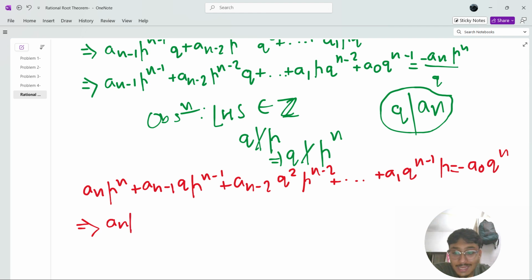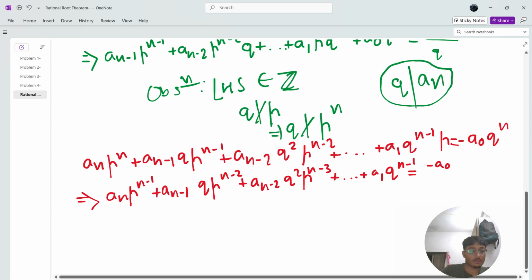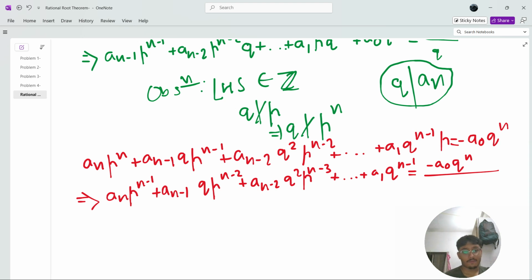If I take one p from here, I'm left with a_n p^(n-1) plus a_(n-1) q p^(n-2) plus a_(n-2) q^2 p^(n-3) plus dot dot dot a_1 q^(n-1) is equal to minus a_0 q^n by, what will be left here is my p, since I have taken one p from the LHS and put it in the RHS.